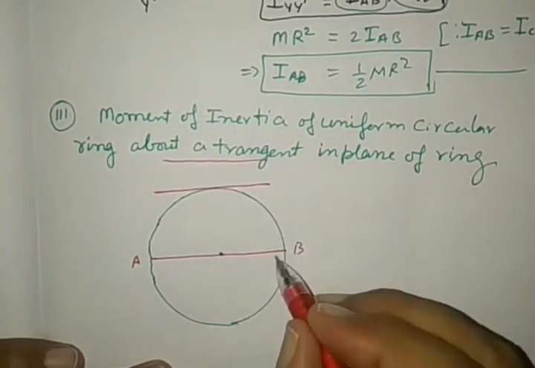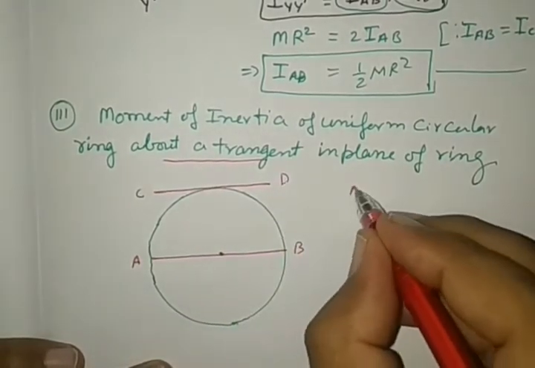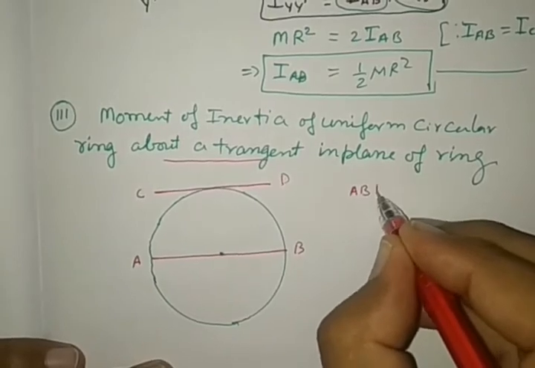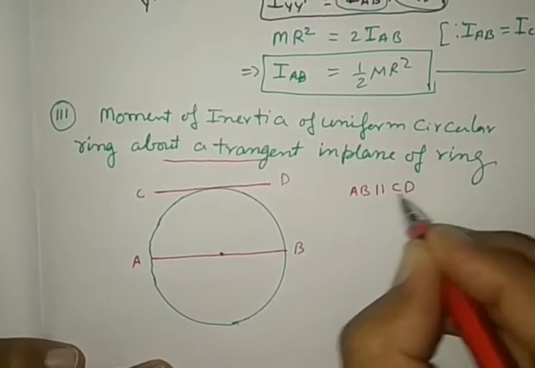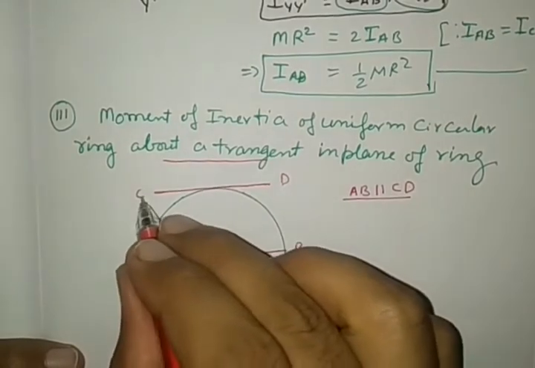Let it be CD. AB is parallel to CD. We have to obtain the moment of inertia about CD.